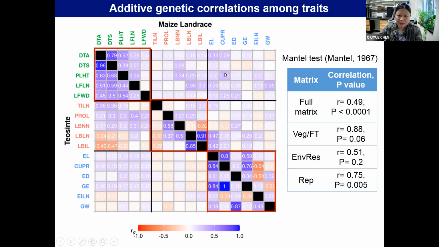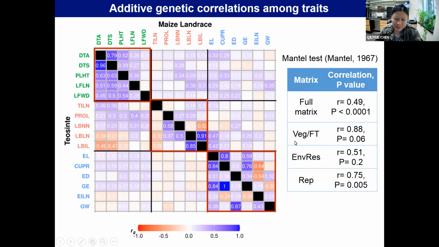We used a test called the Mantel test to test the correlation between the Teosinte and maize genetic correlation matrices. For the full matrix, we can see the correlation is about 0.5, which is significant. So we conclude that the genetic correlations between Teosinte and maize are conserved.